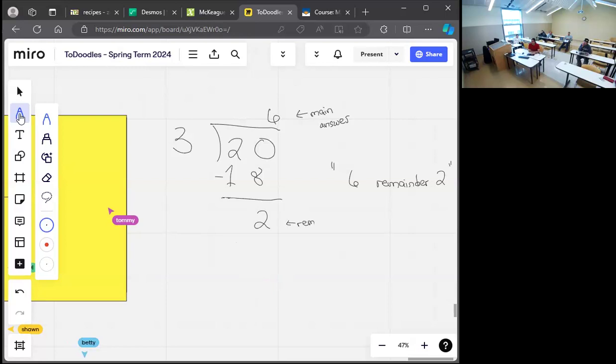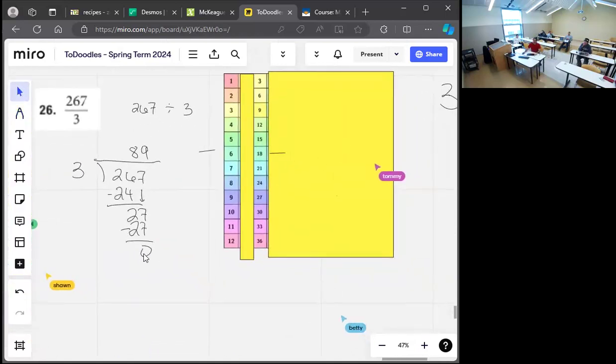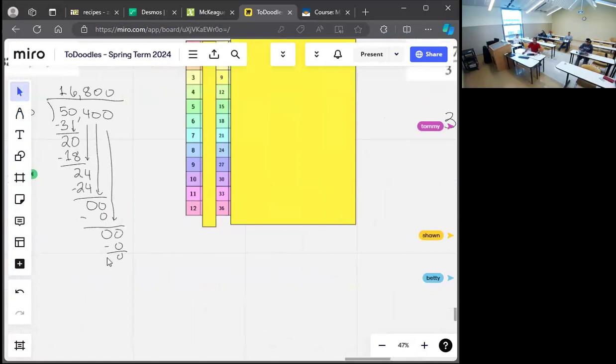If it's 0, you don't talk about it. All of the problems before had a remainder of 0, and so we never talked about it. They just ended in 0 at the bottom.